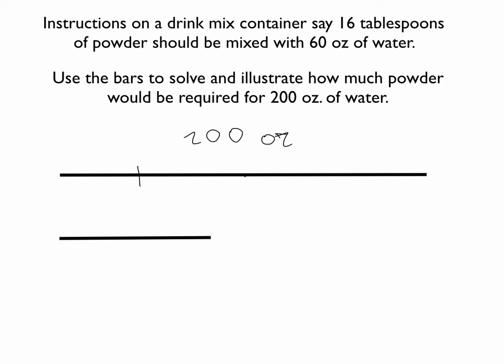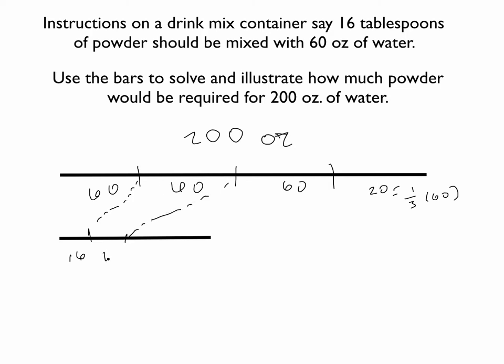So you're saying, hey, I could think about how many groups of 60. So there's 3, and if all of these are 60, 60, 60, how much is left over here? 20, right? Which is how much of 60? A third of 60. So if I come down here, corresponding to this 60, there's going to be 16 tablespoons there, and I can do it again.